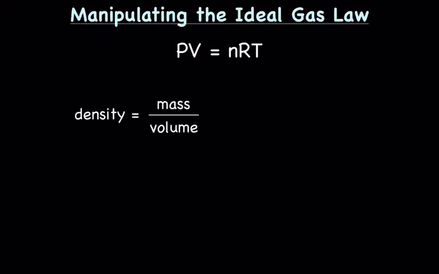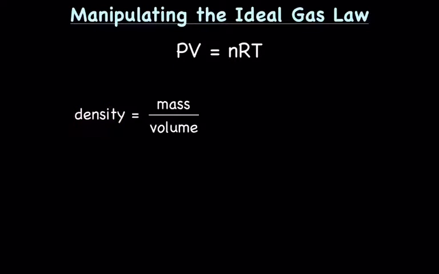All right, next up, manipulating the ideal gas law. So we have our ideal gas law, which is PV equals nRT. And then we have a few more equations we need to jot down. The first one is density. Density equals mass over volume.